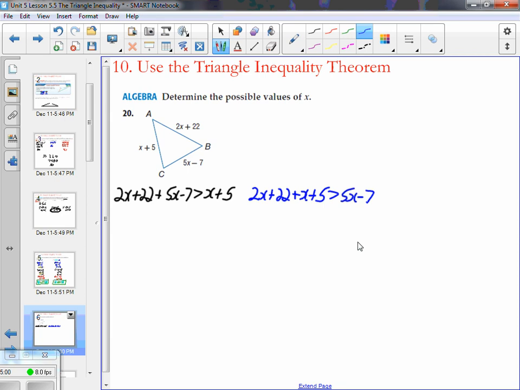Right? Now, what's the two sides I haven't added together yet? All right, so x plus 5 plus 5x minus 7, that must be greater than 2x plus 22.